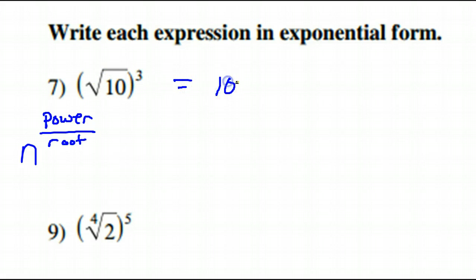So I'm going to have 10. 3 is a power, so that'll go up in my numerator. So it's just a matter of what's the root. Please do not put a 1 right here. Like I mentioned above, when there's no index showing, it's the square root, the second root. It's an invisible 2. So this will be 3 over 2, not 1. That's a common mistake.